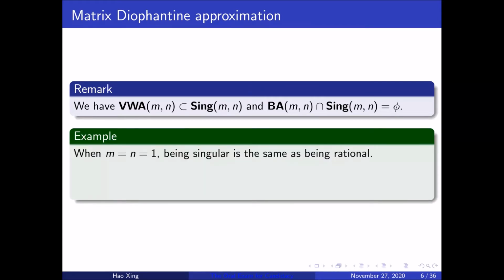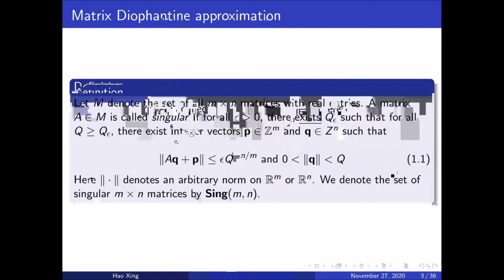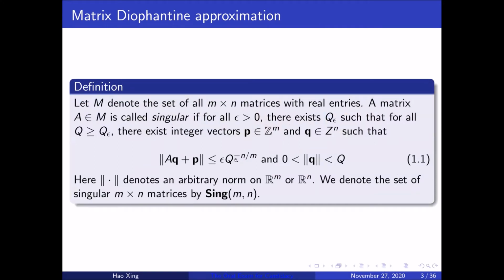So here's a quick example of how this generalizes the situation in R^1. In the R^1 setting, being singular is the same as being rational. This is the definition for singular matrices. In the R^1 case, when m and n are both equal to 1, this is just epsilon over q, and being singular is the same as being rational, because if A is irrational, you cannot make epsilon very, very small.